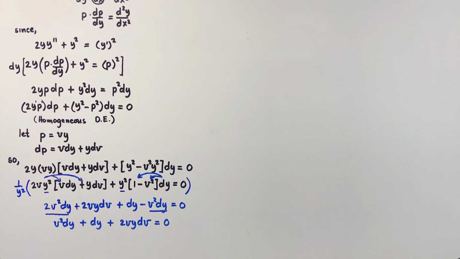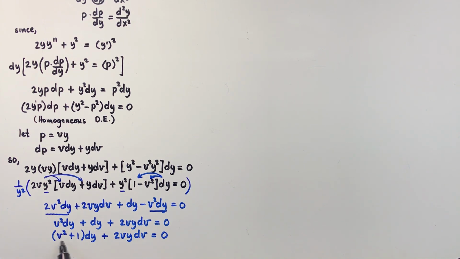And factoring the common factor, which is dy, we have v squared plus 1 times dy plus 2vy dv here, which is equal to 0. And we notice that this is already a separable differential equation.